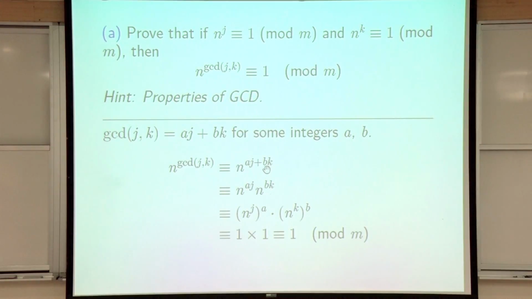So we can write n to the power GCD(j,k) is equal to n to the power aj plus bk. And as we can see, this one is congruent to 1 and this one is congruent to 1. So we know that multiplying them together, we get 1.